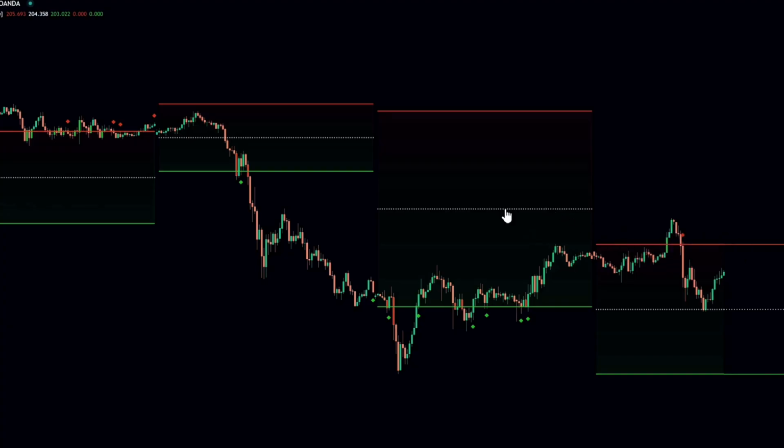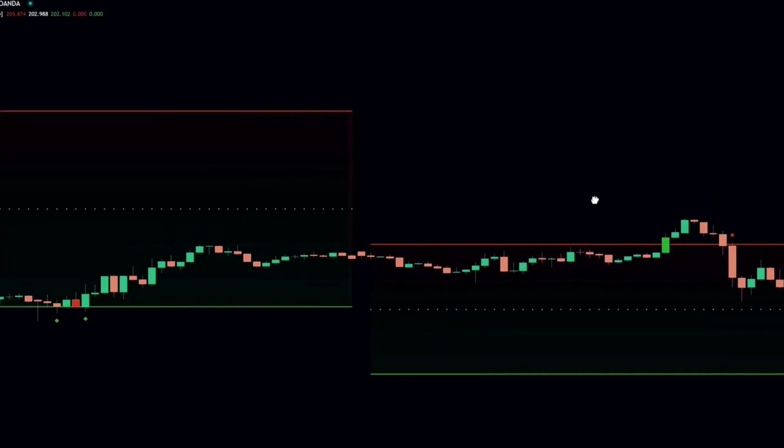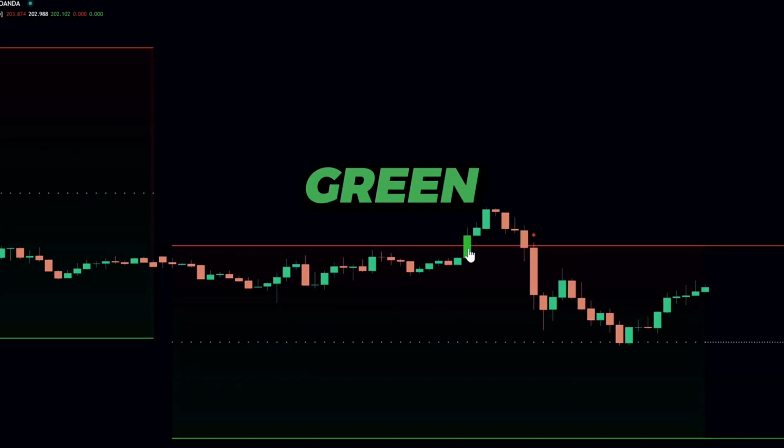Once the indicator plots these higher time frame levels, the space between them gets filled with a gradient that shifts from green to red. This shaded area represents the high and low of the higher time frame candle. If a candle breaks and closes above the upper level, it will turn green to signal a breakout.